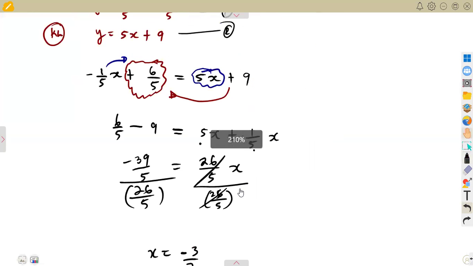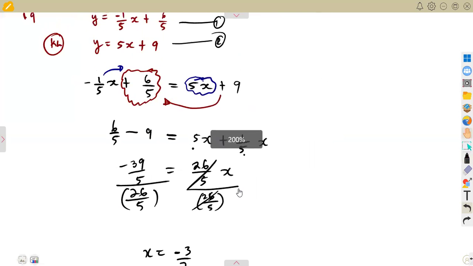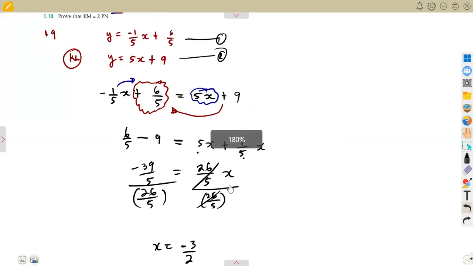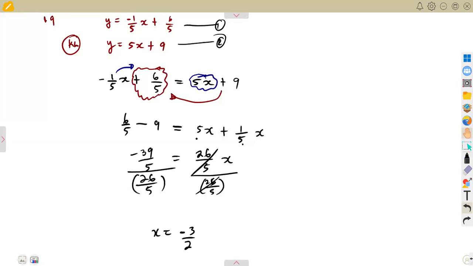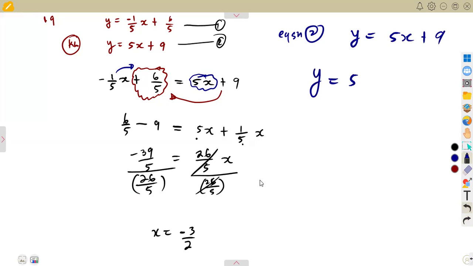Since at the point of intersection the two functions are equal, we can substitute the x value that we obtained in any of the given equations. In this case, I'm going to take advantage of equation 2, where y is equal to 5x plus 9. That's y is equal to 5 times our x value, minus 3 over 2, plus 9.